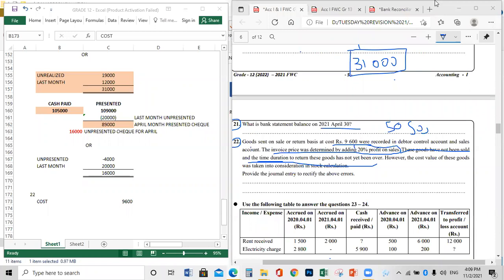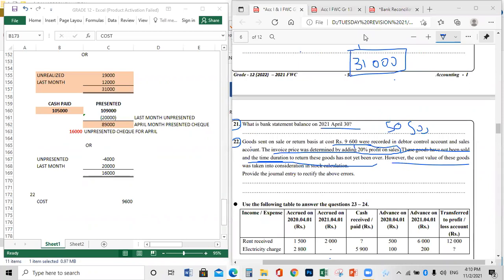Okay, so what they have done is they have recorded it as their sales, but they have included it in their cost calculation. So that means, guys, have they deducted the cost of the goods, or have they included the cost of goods when they calculated the closing stock? Have they deducted the cost of the goods which were sold, or have they included it in the stock calculation?